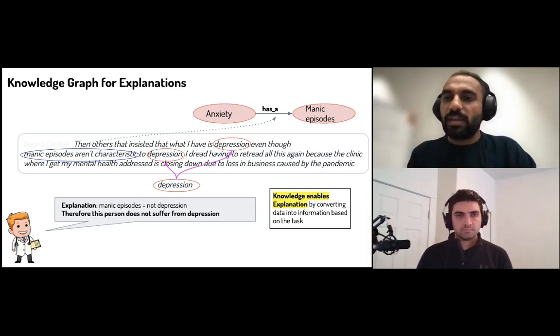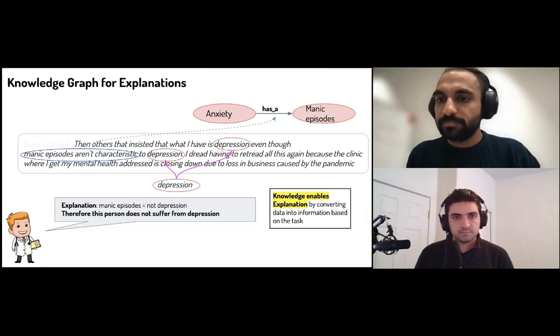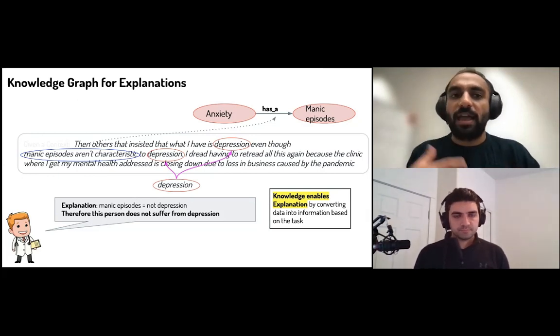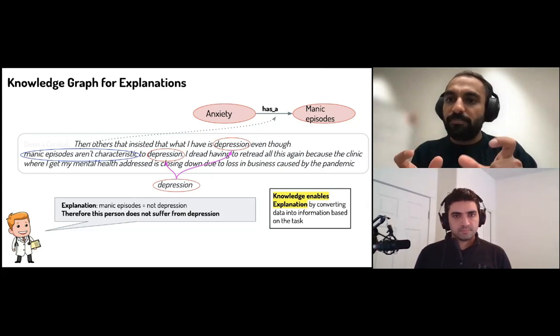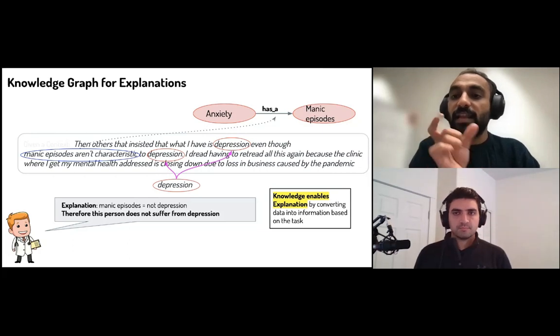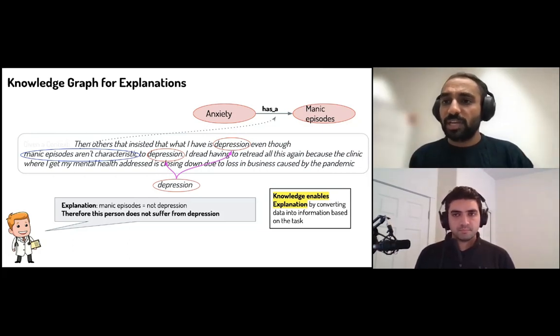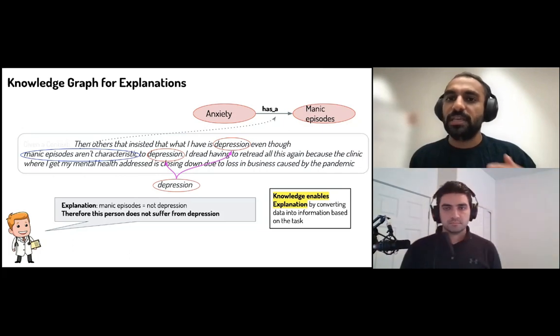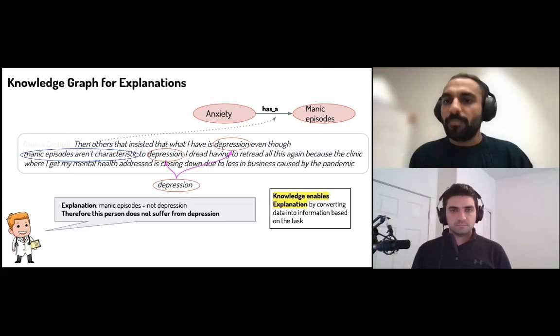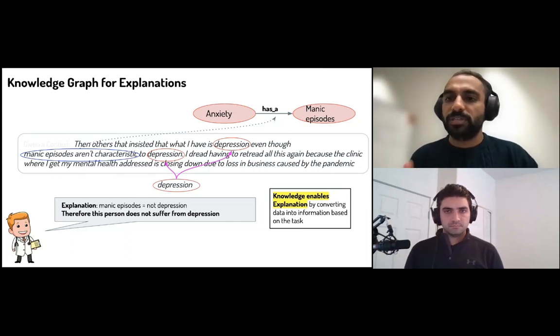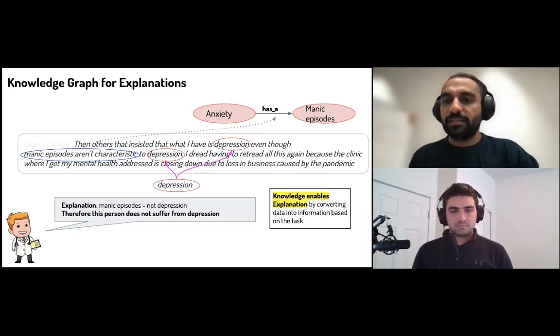But there's a way that you can actually improve anxiety by looking at other components, other factors within the text. But in this text, as it is, if you give it to a machine learning model, anxiety will not show up. So that's the power of having a knowledge graph, where you can not only identify the entities, but replace them with the entities that the classification is focusing on. If my classification was focusing on the attributes of the diseases and not the disease at large, then probably I could have focused only on manic episodes and not transformed it into another high-level entity.